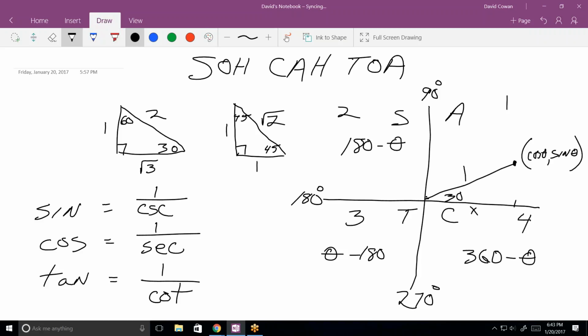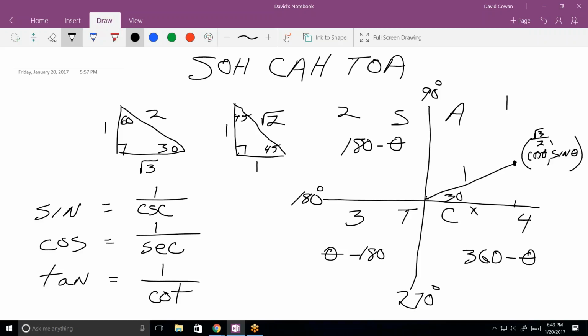And when they want you to memorize the unit circle, they usually want it in this format. In other words, they want to know the x and y coordinates of each of the 16 spots on the unit circle. Correct? Okay. So this point would actually be root 3 over 2. That's the cosine of 30 degrees.